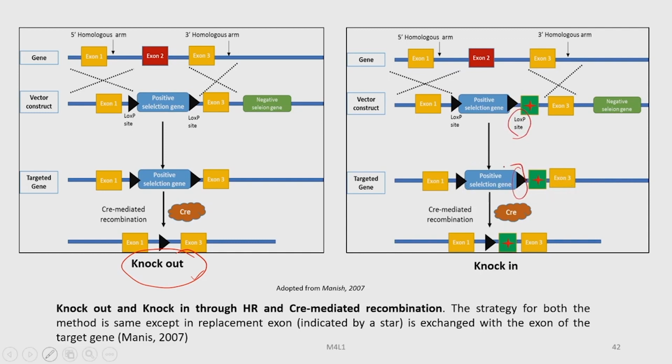So, when the Cre recombinase will act on this intermediate product, it will remove the positive selection gene because it acts on the LOXP sites, but it will retain the desired gene which was included along with the positive selection gene.